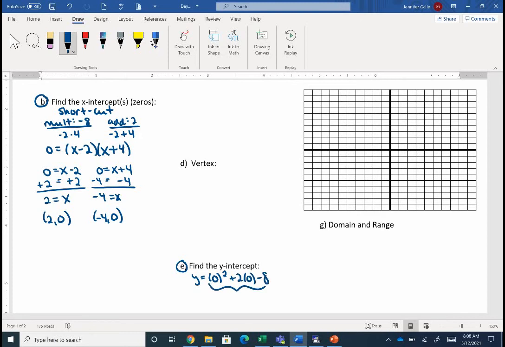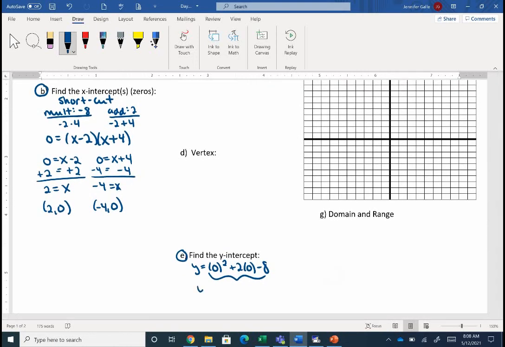But all those terms with 0, well, they just become 0. So our y-intercept is just that constant. It's just that -8. So these are the pieces we've been practicing. So far, nothing new for us.